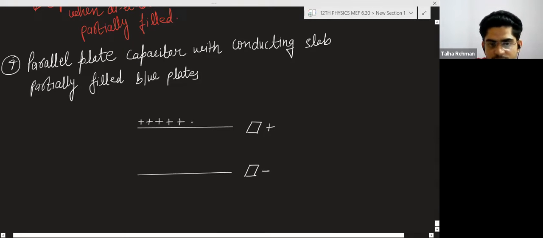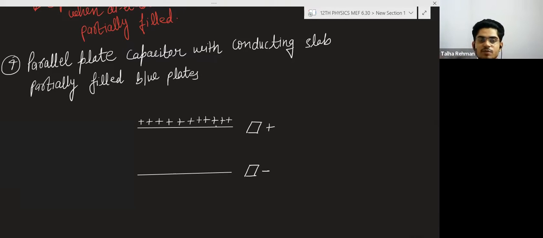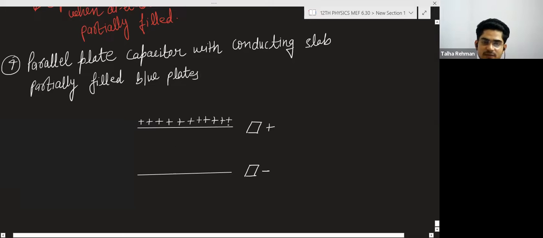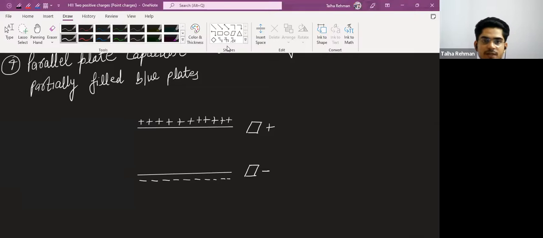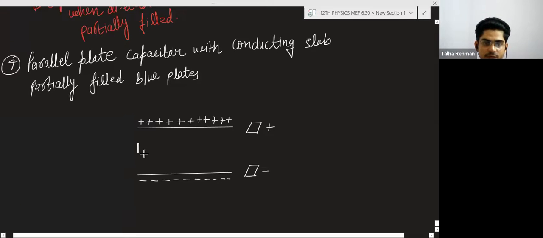This is a way of representing the parallel plate capacitor, so there is no need to draw the diagrams again and again as cubes, and it saves our time. We represent the front view. Now I am introducing a conducting slab. This is a conducting slab.